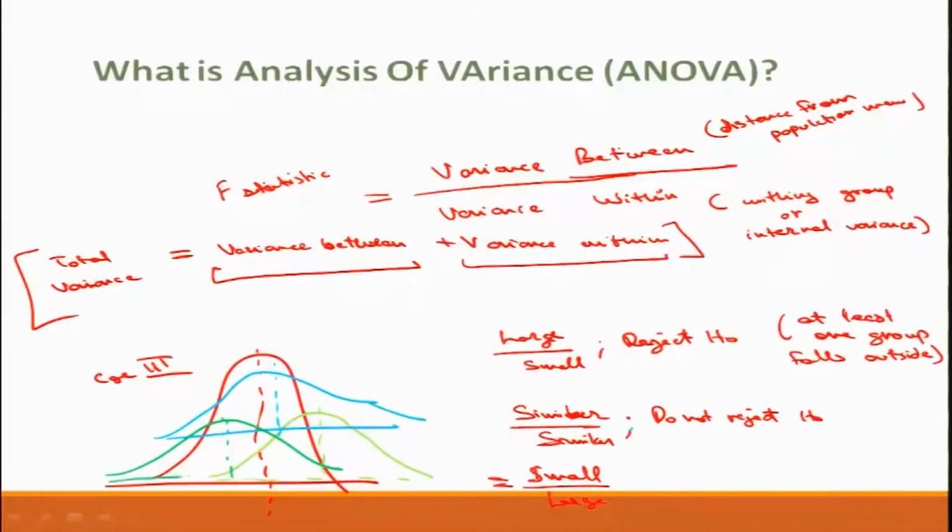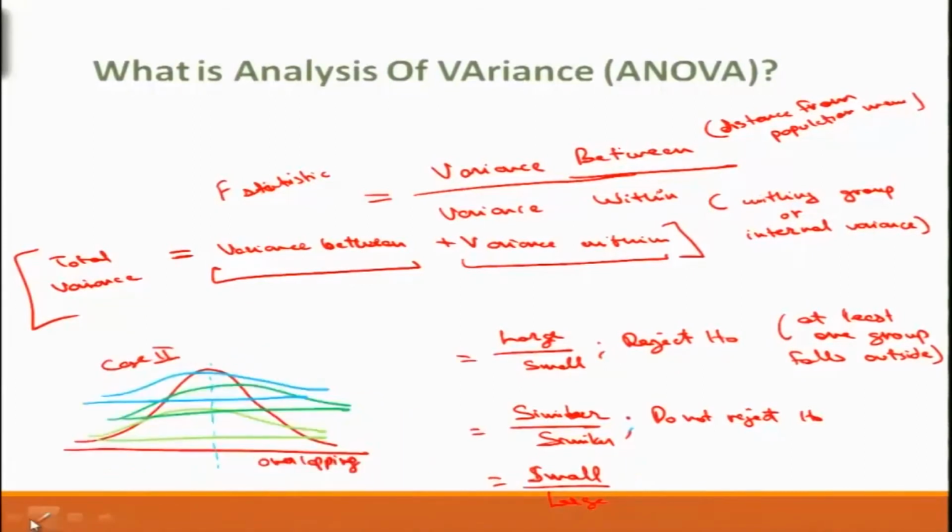In this case, you can see the dark green, blue and light green, there are 3 groups with means x1 bar, x2 bar and x3 bar, the small distances from the population mean. However, their within group variance is large. In the previous case, I had similar means.